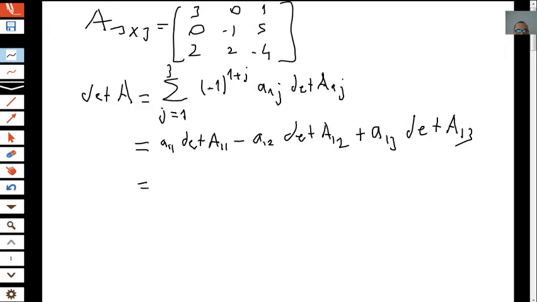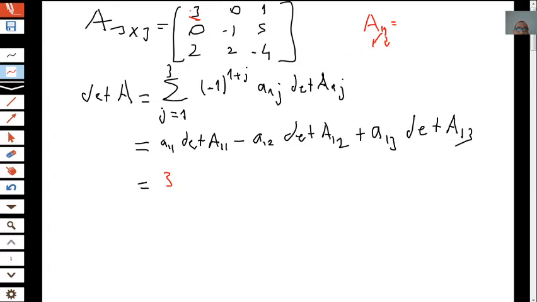And from here, what is a11? This is the first entry in the first row, which is 3. Therefore, we write 3 and determinant A11. First, we should obtain A11. What does A11 mean? A11 is a 2 by 2 matrix. We cancel the first row and the first column, since we have 1 for i and j, if you remember the formula.